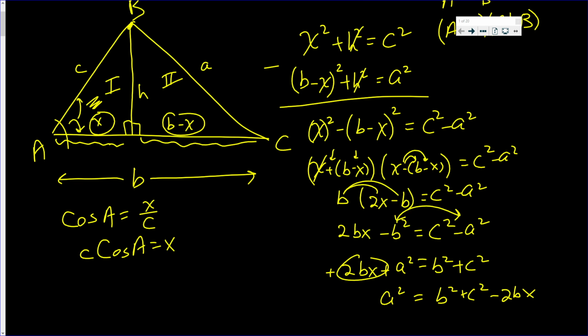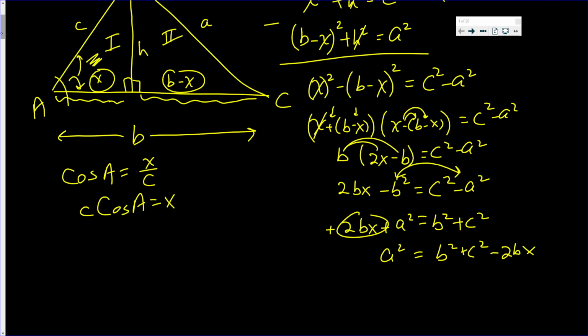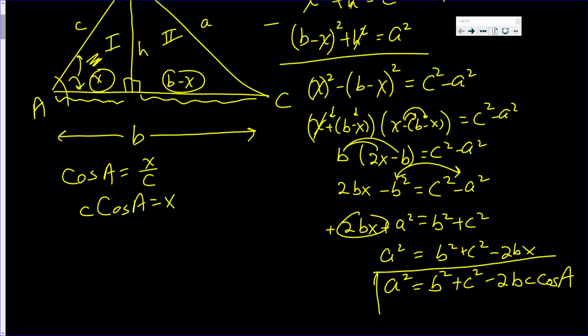Okay, alright, we can deal with that. So I get a squared is equal to b squared plus c squared minus 2b, and x is c cosine A. This is one form of the law of cosines.